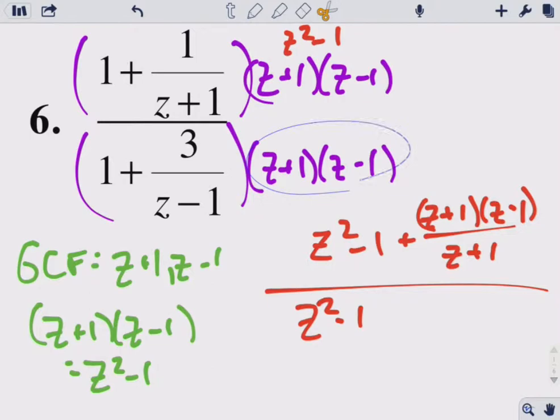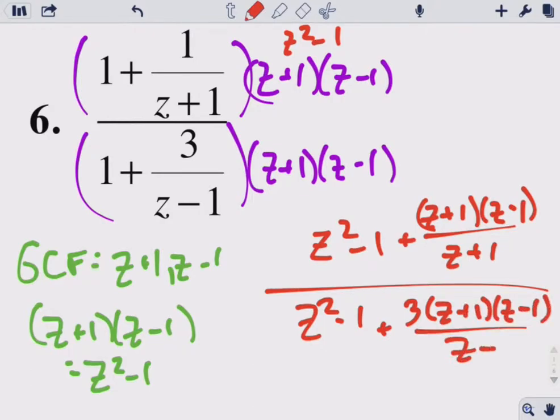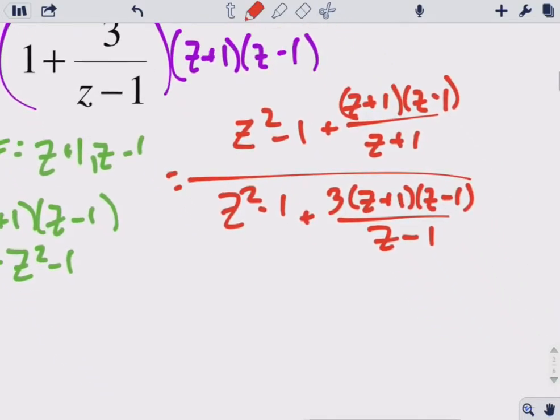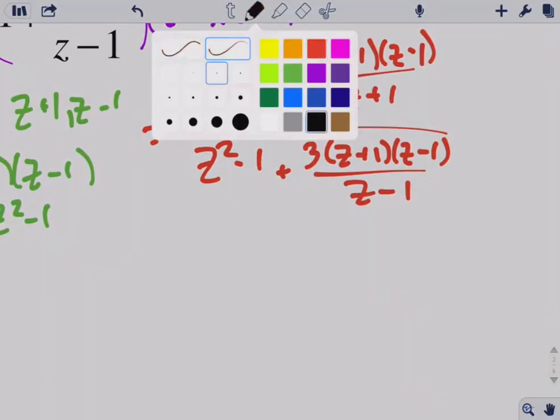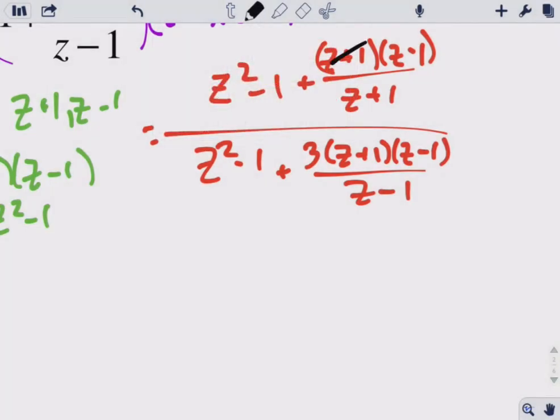I'm going to take this times 3. Okay, so that's just plus 3 times z plus 1, z minus 1 over z squared minus 1. Okay, so stuff cancels. Let's take that stuff and let's cancel what we can cancel. z plus 1, z plus 1, z minus 1, z minus 1. Alright, so that helps me out some.